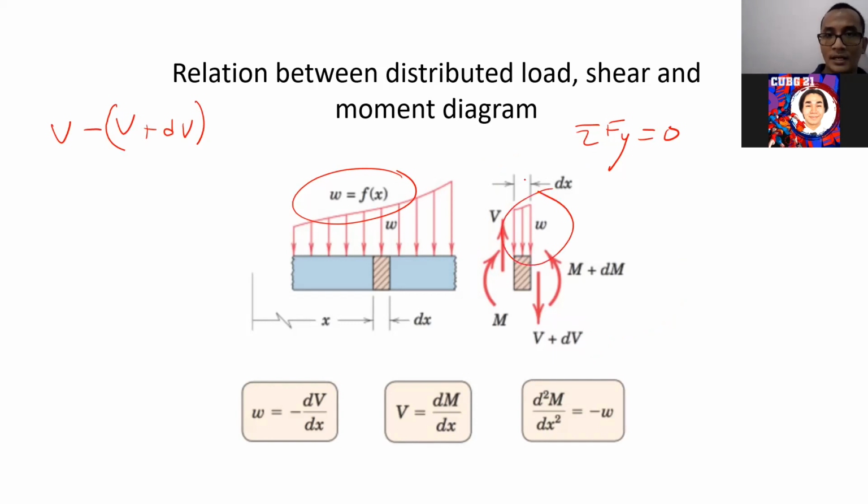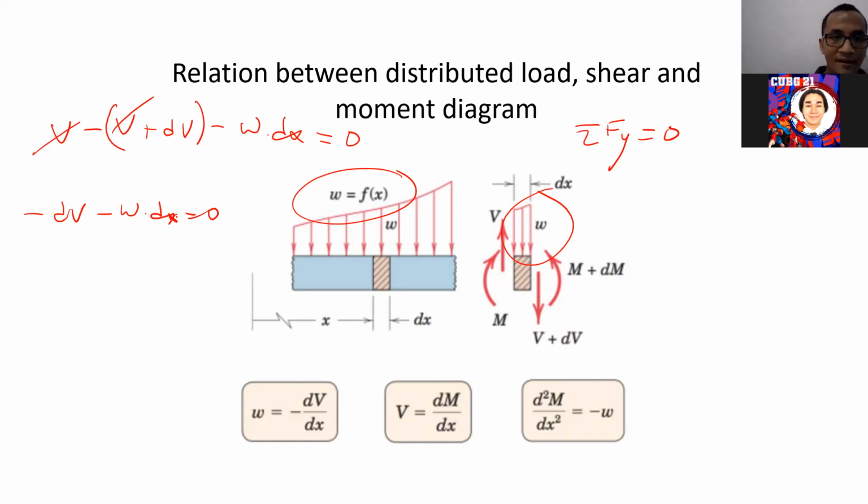Then we have W multiplied by dx going downwards as well, minus, and it is supposed to equal 0. If we calculate that, V minus V cancel each other, and what we have left is minus dV minus W dx equal to 0.